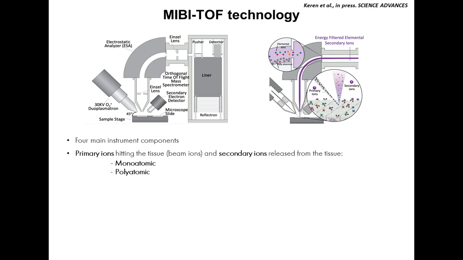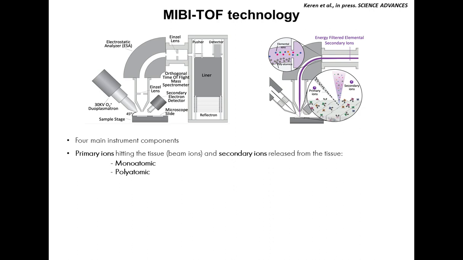Moving forward, these monatomic ions enter the orthogonal time-of-flight mass analyzer, which analyzes the quantity of isotope bound to each cell. The ions are then separated based on their masses and are accelerated to the detector. Finally, the detector measures the quantity of each isotope for each clone.